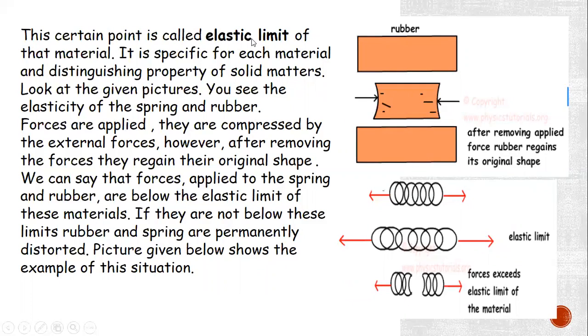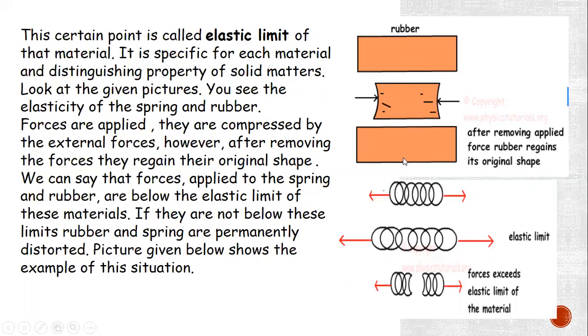If you stretch it, the shape changes, but when the applied force is removed, it comes back to its original shape. But this will happen only to a certain limit, and this certain point is called the elastic limit. Beyond this, the thing may not regain its shape.